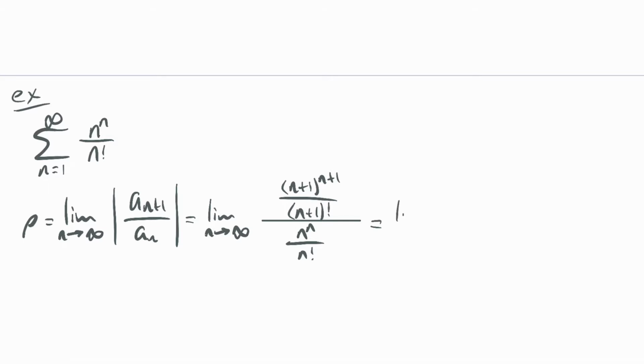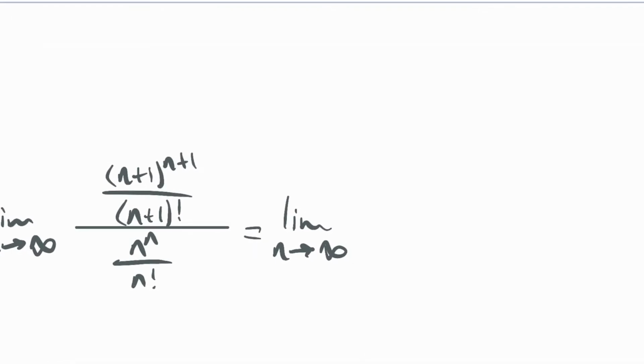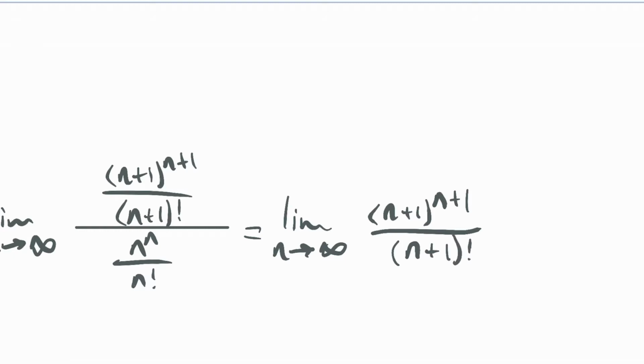So this is the limit as n goes to infinity of n plus 1 to the n plus 1 power over n plus 1 factorial, which we will rewrite using the same trick, n plus 1 times n factorial. I'm not going to do that yet. Times n factorial over n to the n power.